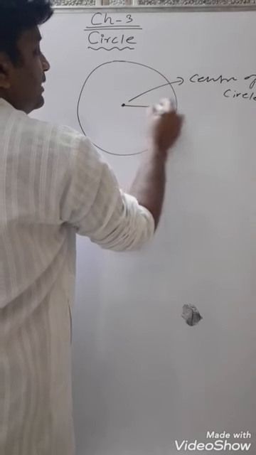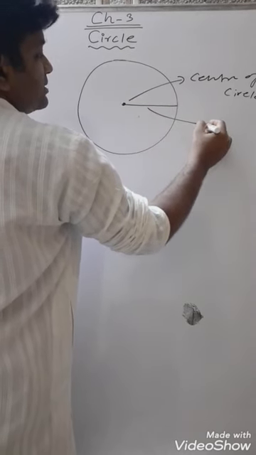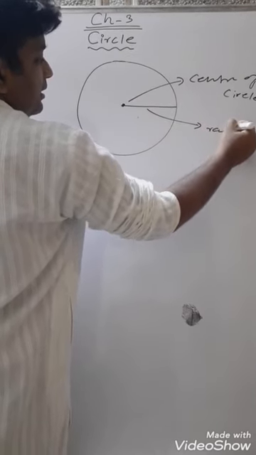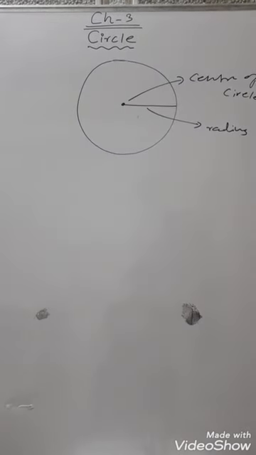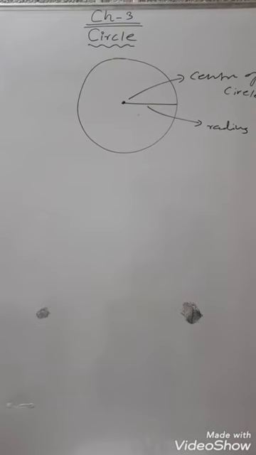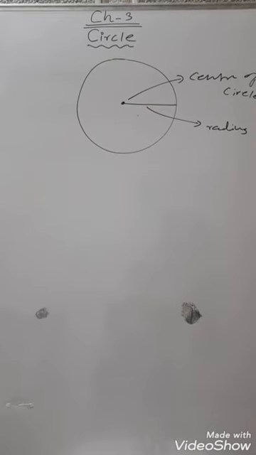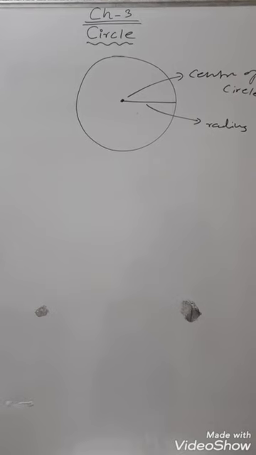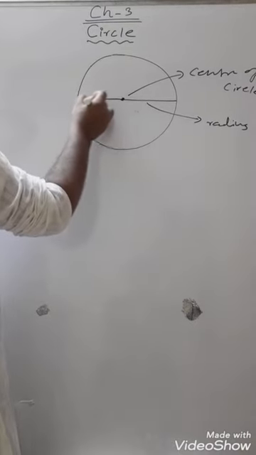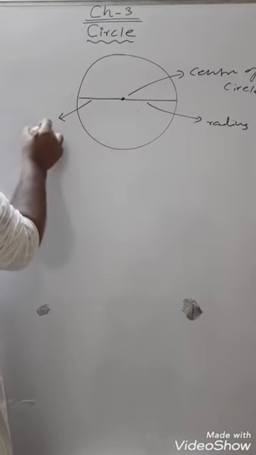This line is known as radius. Then the whole we make it same. From that line is known as diameter.